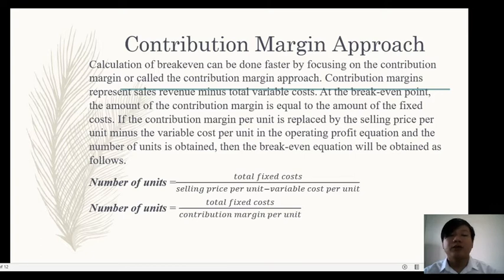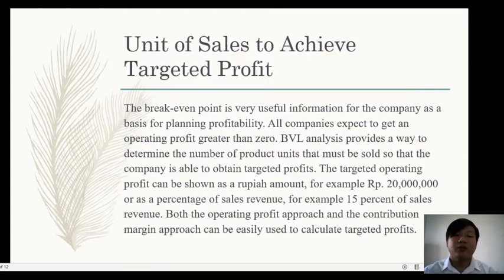If the contribution margin per unit is replaced by the selling price per unit minus the variable cost per unit in the operating profit equation, and the number of units is obtained, then the break-even equation will be obtained as follows. Number of units equals total fixed cost divided by selling price per unit minus variable cost per unit. Number of units equals total fixed cost divided by contribution margin per unit.